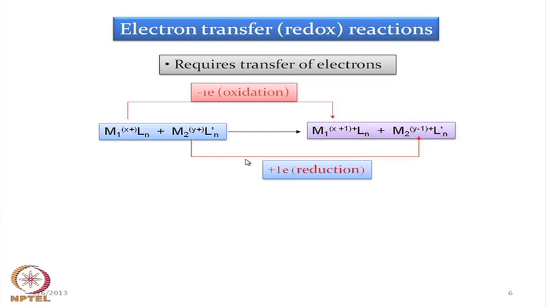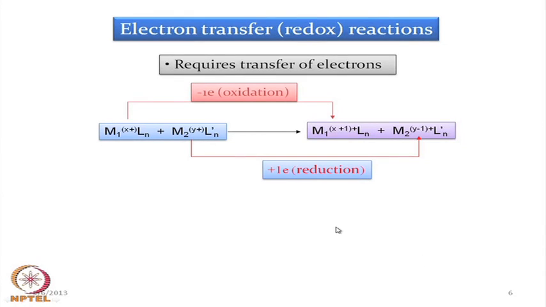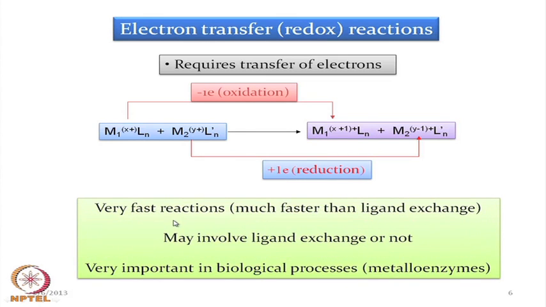What type of oxidation reduction can take place through this electron transfer is very important, not only for these different types of metal complexes, but also for biological systems, because it is a very central process for many systems where metallobiocides are responsible for electron transfer. We get these electron transfer reactions apart from the ligand exchange, where the ligand moves from one metal center to the other, but here the reactions are much faster than ligand exchange.